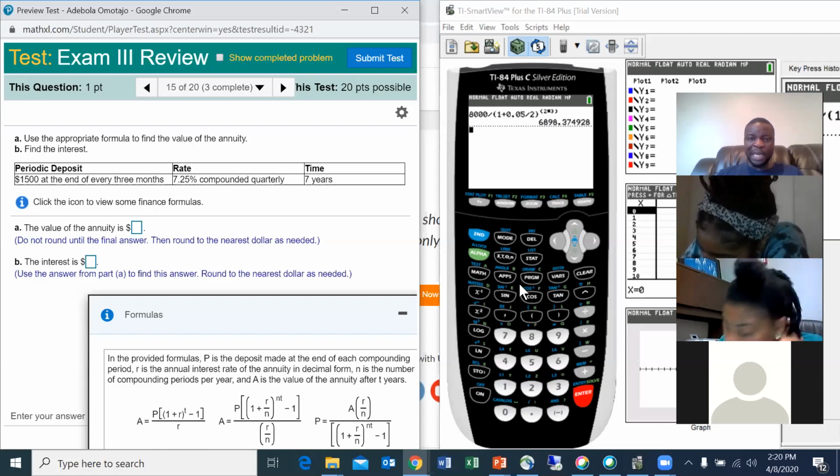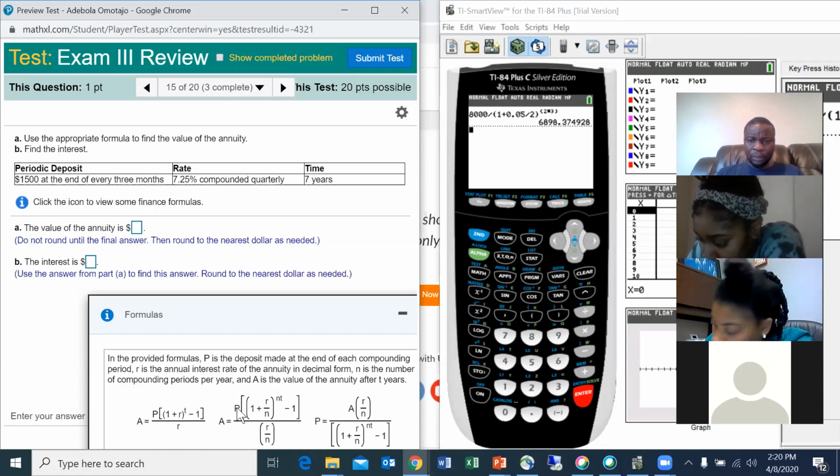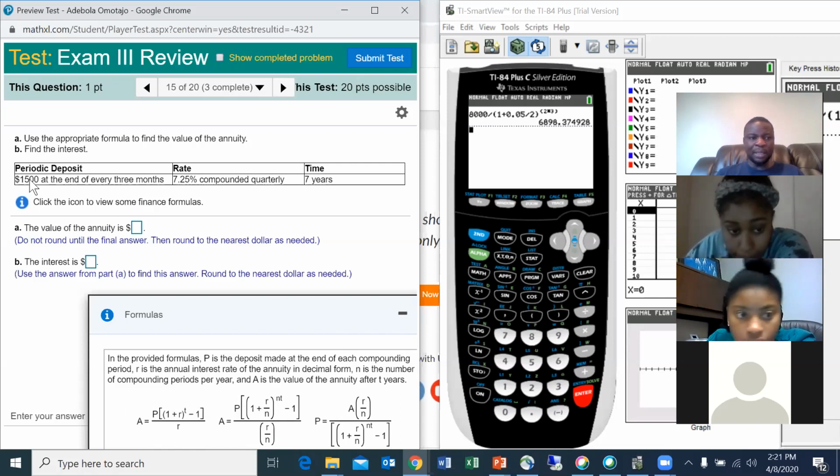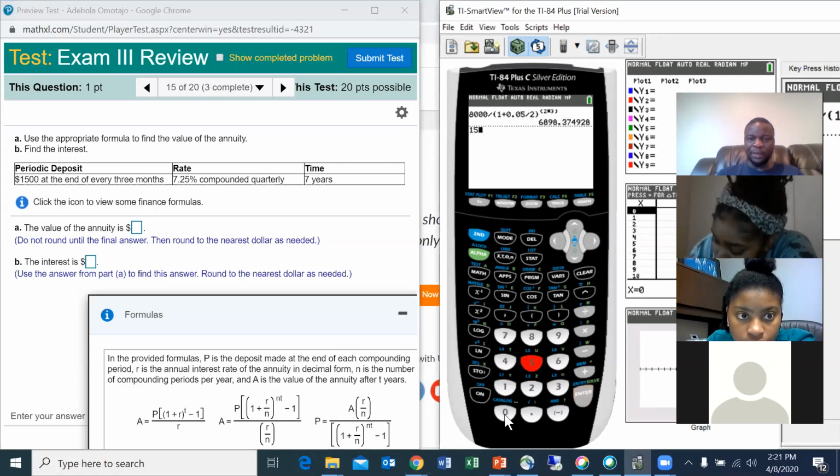Now, watch the way I'm going to type it on the calculator. You start with P. In this case, P is your periodic deposit, which is 1,500, given in the problem. So you type 1,500.